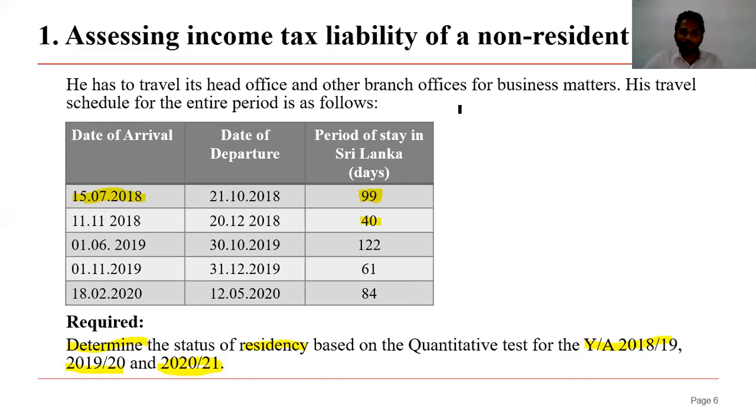I need to go to the whiteboard for your better elaboration, so take the screen print and you can come up with the answer while I am drawing the diagram to elaborate the example. I'm moving now. You can come up with the answer whether he is resident or non-resident for each year of assessment separately. I am drawing the diagram here.